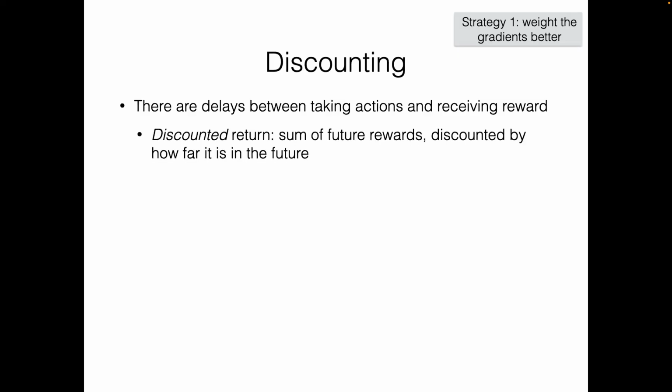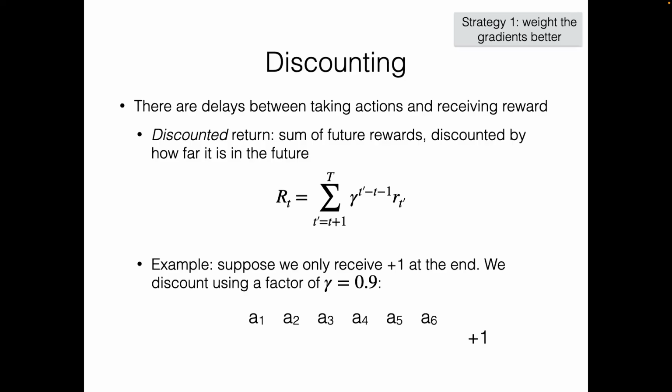So what you can do is take into account this delay and use what's called discounting. You introduce this factor, which reduces the amount that an action is rewarded based on how far it is from the reward. Let me just show the example because the formula can be tedious to go through.